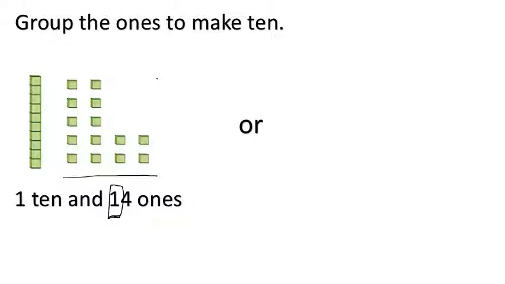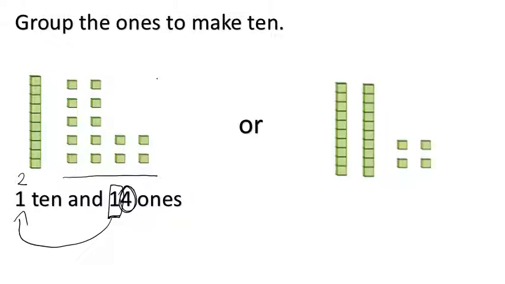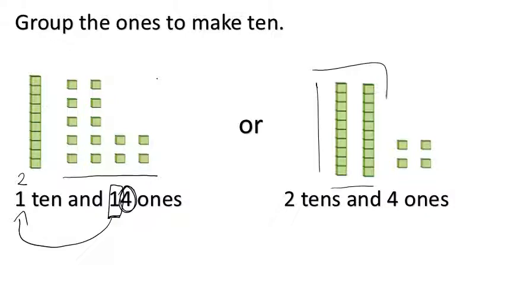So that means I'll have how many 10s after? 2 10s, right? I've added 1 10 to this, so that means I have 2 10s. And how many ones will I have? 4 ones. So I'll have 2 10s and 4 ones. It's a lot simpler for me to just group them like this instead of having them all over the place like that.